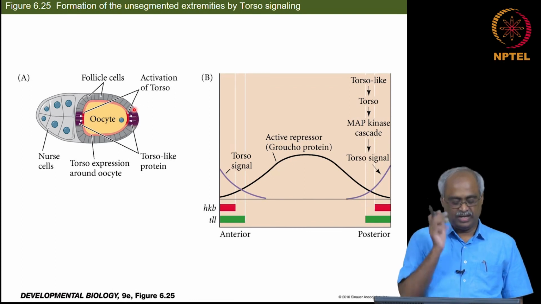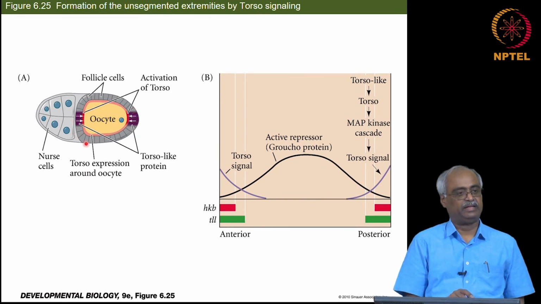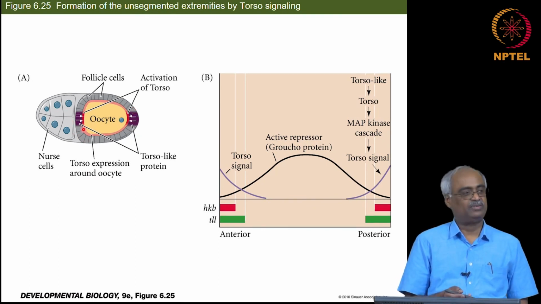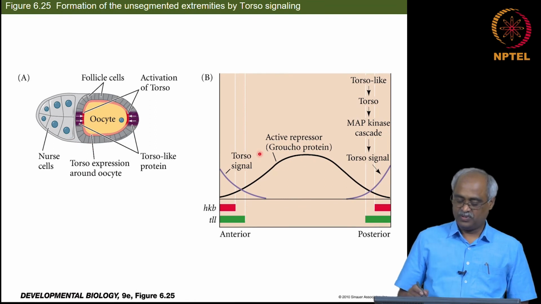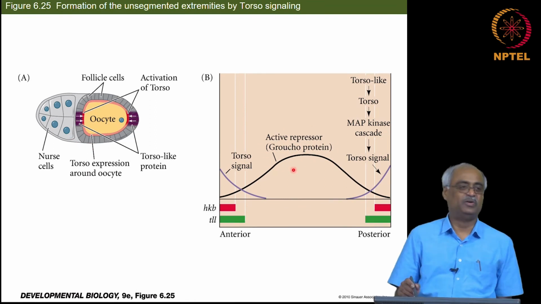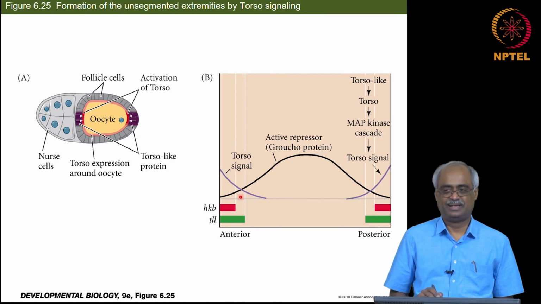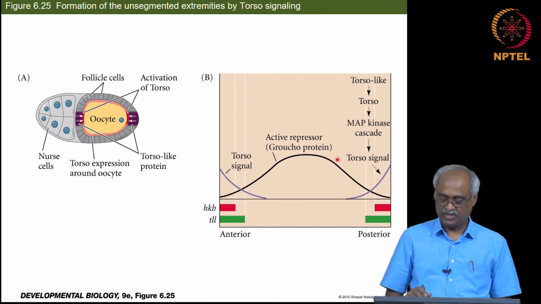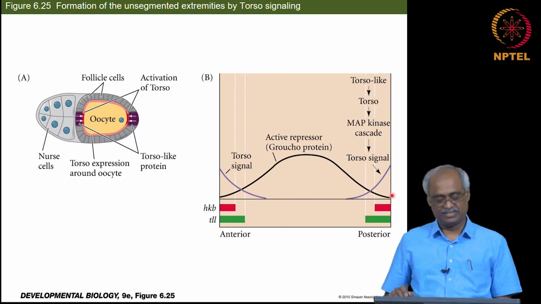As a result you have that signaling there. And what is the consequence of that signaling? The protein Gurken is going to be suppressed translationally, and therefore it forms a gradient reciprocal to the Torso signaling.